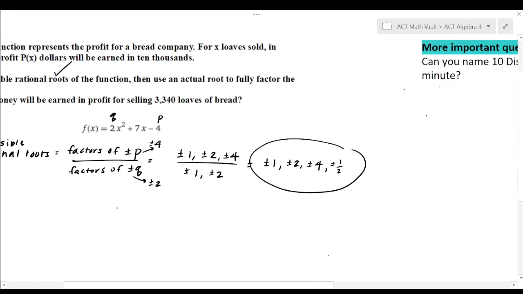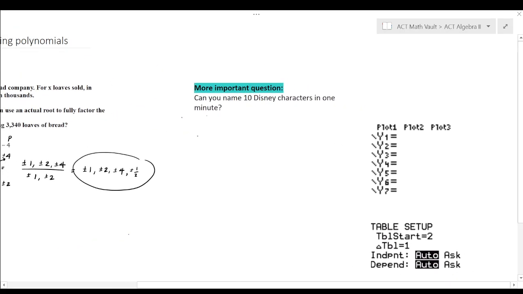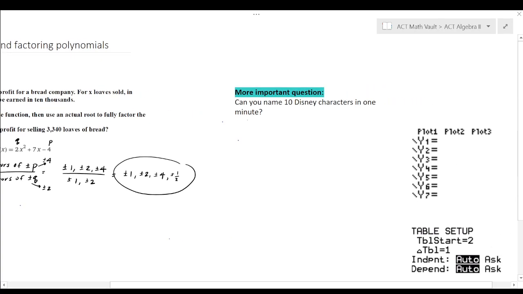Well, what we have to do is go to our calculator. Okay, so the first thing that we want to do is plug in our function. Okay, let's call it y1 or y2, whichever. That would be 2x squared plus 7x minus 4. That's our function, right? So let's get that all plugged in.